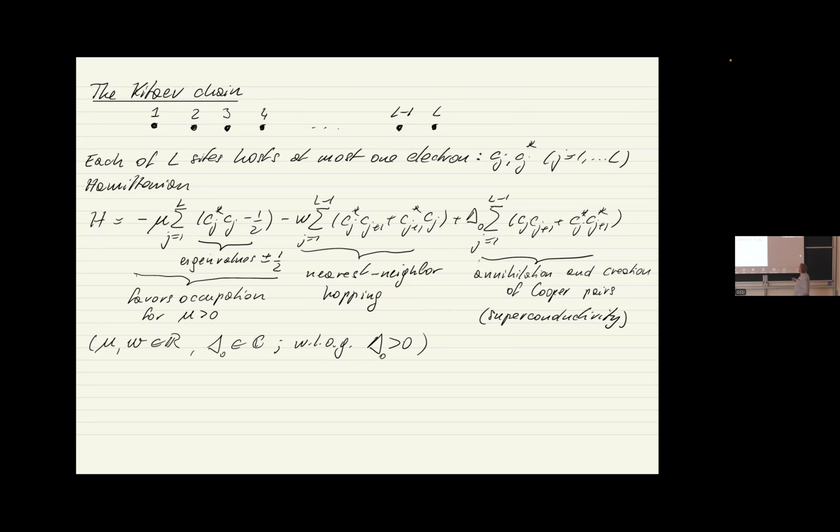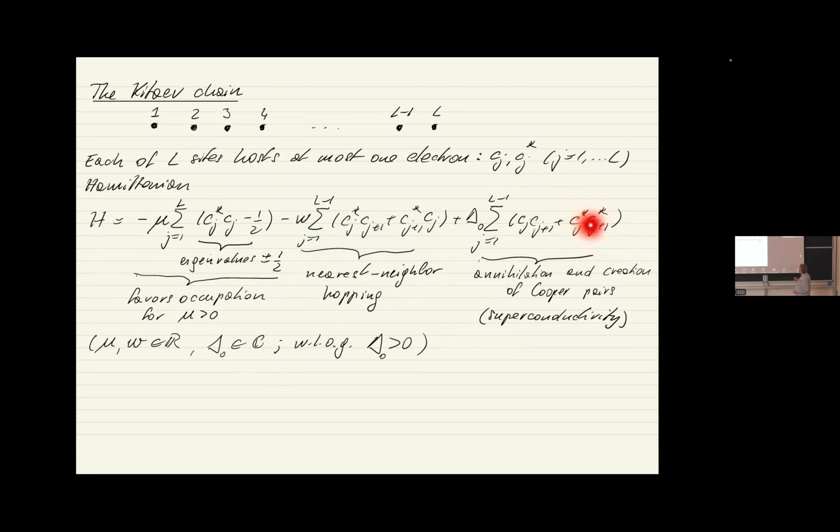And so the parameters here: mu and w are real numbers, and the system is H, with H being self-adjoint. And here I realized that I made a slight mistake. Delta naught is supposed to be complex, but I should have written delta naught here and the complex conjugate of delta naught in front of this term.